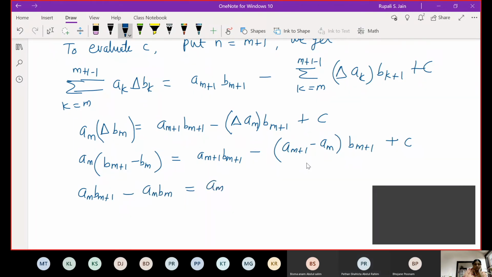And delta am is am plus 1 minus am. So am bm plus 1 minus am bm equals am plus 1 bm plus 1 minus am plus 1 bm plus 1 plus am bm plus 1 plus c.